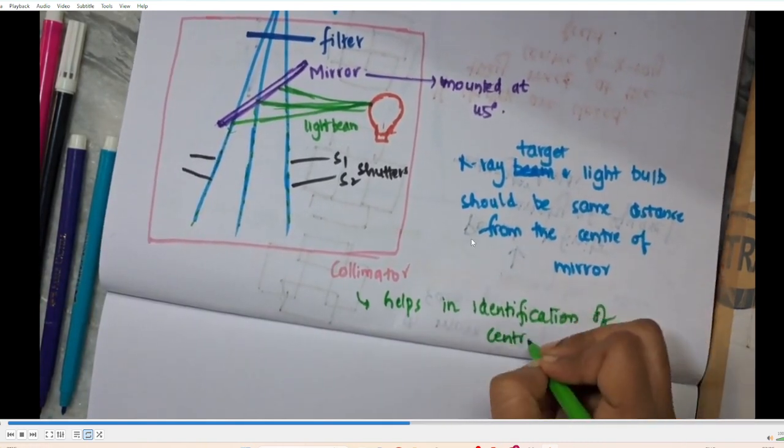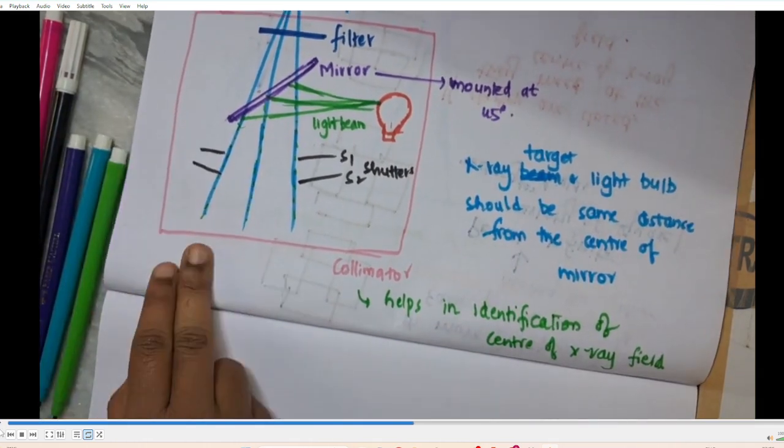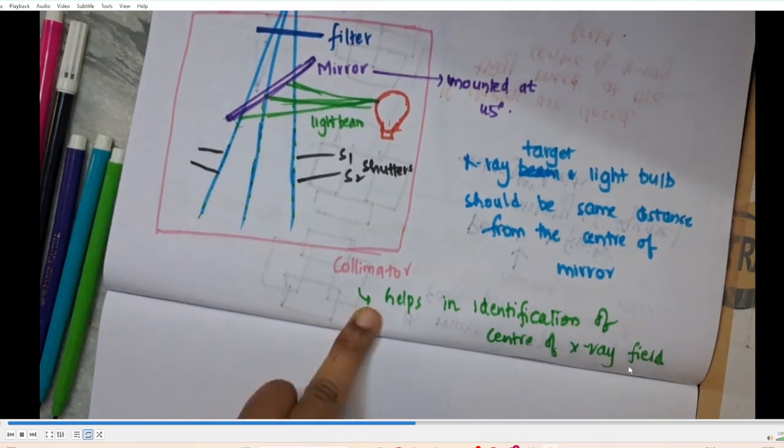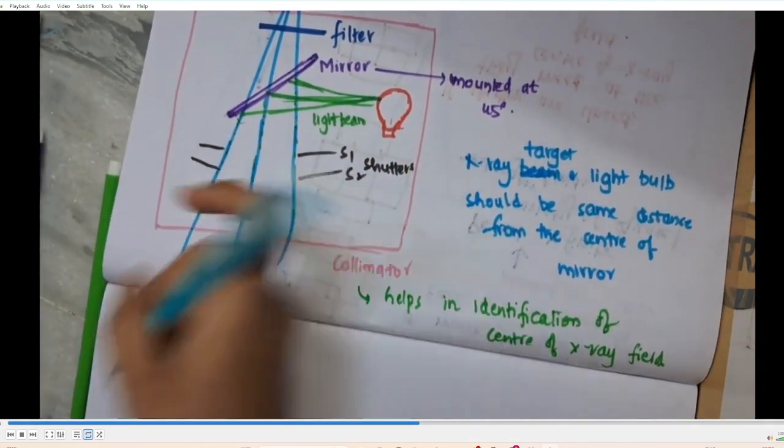If so, the collimator will help in identification of the center of the X-ray field. If the collimator is mounted too far from the X-ray target, the X-ray source will be farther from the second shutter than the light source, and thus the X-ray beam is smaller than the light beam.